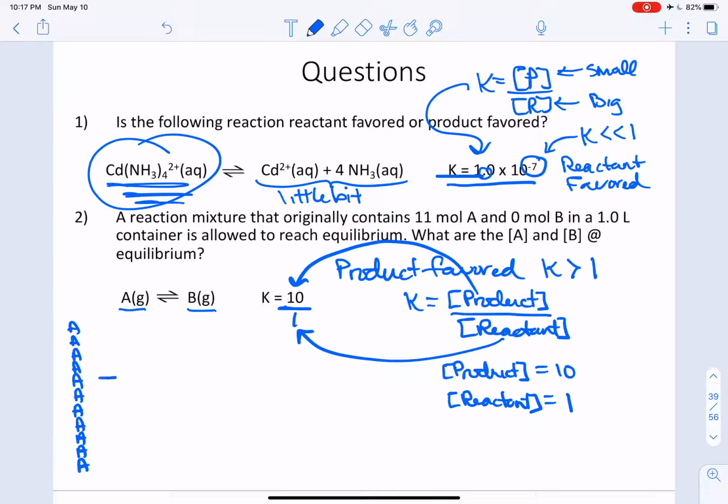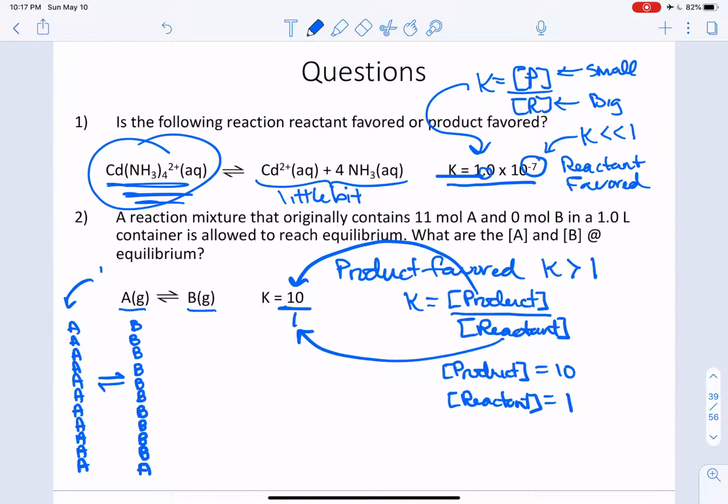And those 11 A's are going to proceed to B's, except for one of our A's.